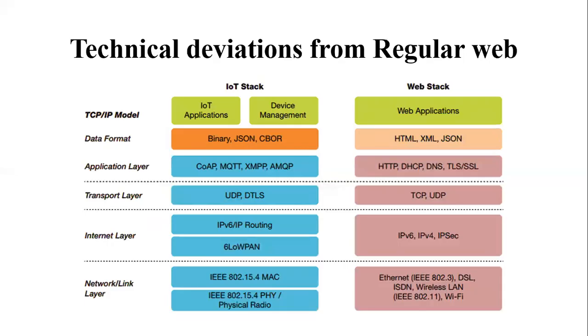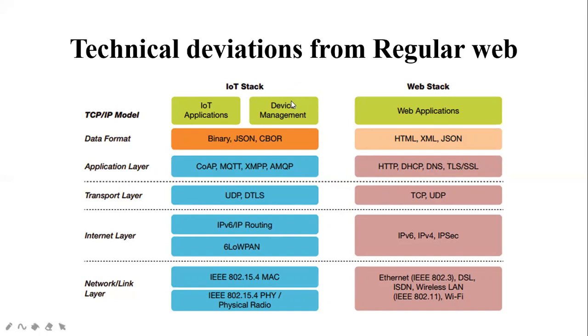Next is your technical deviations. What is it? For the regular web, for a regular website, we have this stack. For IoT based, we have this type of stack. So you can see there is a difference between the two stacks. It has some additional services compared to your web stack.